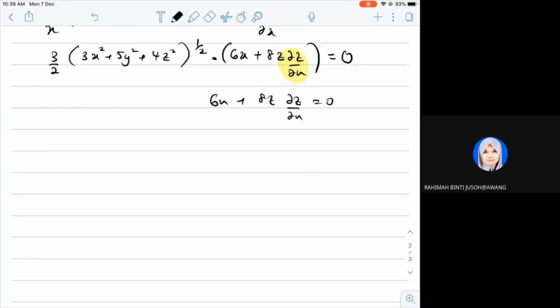So what happened here is, okay, so del z over del x equals to negative 6x over 8z. Okay, so we will have negative 3x over 4z. This is the answer. Okay, negative 3x over 4z.